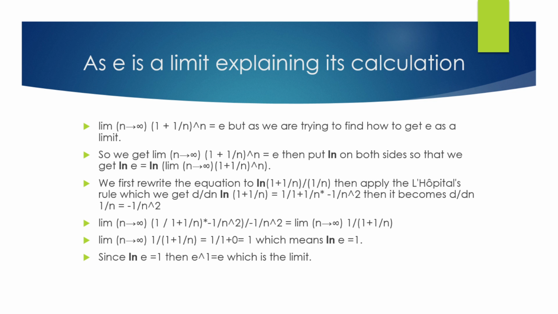This gives the limit as n approaches infinity of 1 over (1 + 1/n) times negative 1 over n squared, divided by negative 1 over n squared, which equals the limit as n approaches infinity of 1 divided by (1 + 1/n). As n approaches infinity, 1 over (1 + 1/n) becomes 1 over (1 + 0), which equals 1. So natural log of e equals 1.